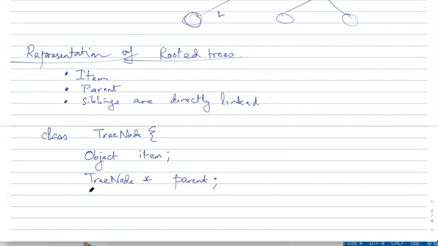Then you have tree node representing the first child, and the tree node. So these are the two together forming sort of linked chain.